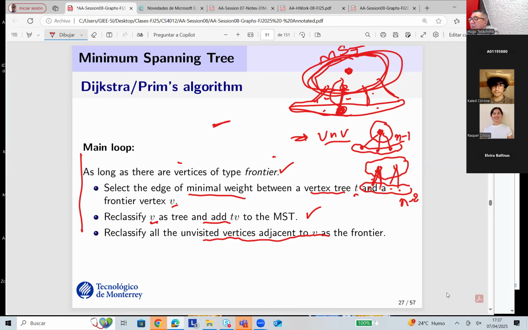So what are you getting here in this algorithm? At each step, n minus 1 comparisons to get the minimum, n minus 2 comparisons to get the minimum, n minus 3 comparisons to get the minimum. So it's going to be like this. What is the cost for that?